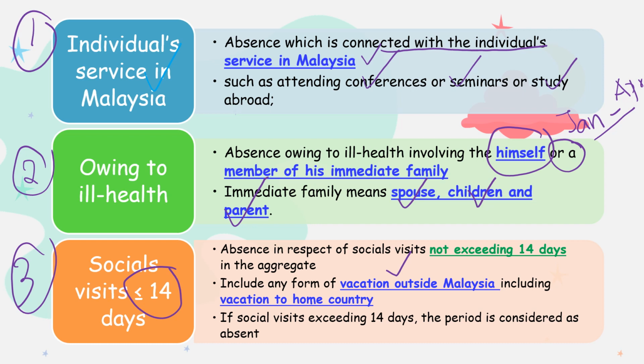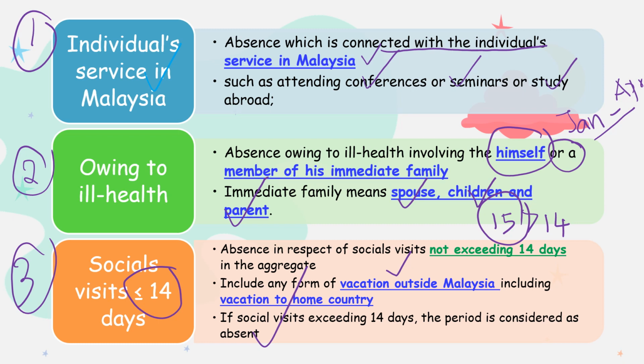So in our calendar year, guys, in order for you to compute 10%, social visit in the year must not exceed 14 days. If your social visit is 15 days, already more than 14 days, isn't it? So the whole period, 15 days, is not considered as TA. So you are considered as being absent from Malaysia.